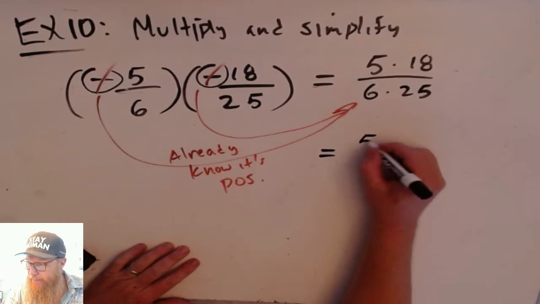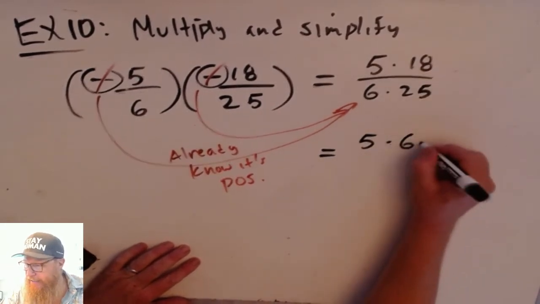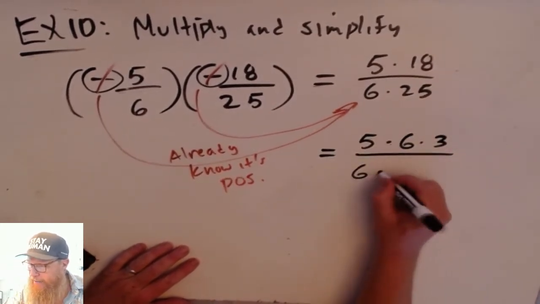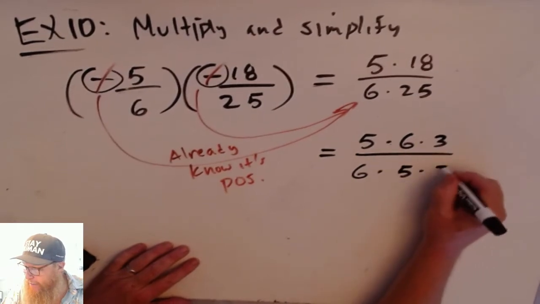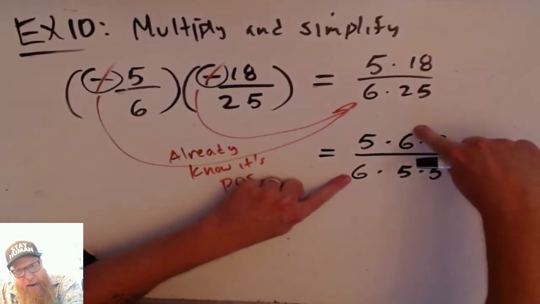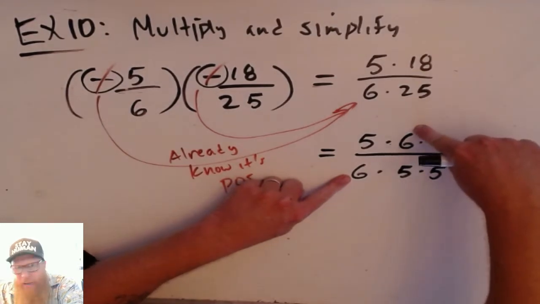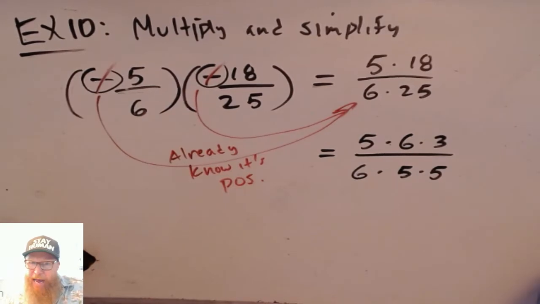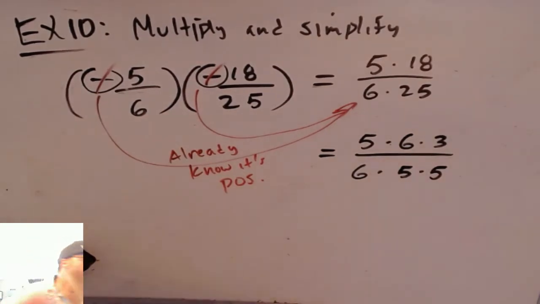All right. 18 is 6 times 3. 25 is 5 times 5. I already have a matched pair of 6s, so I don't need to keep factoring. If I didn't have at least one match, I would keep factoring.